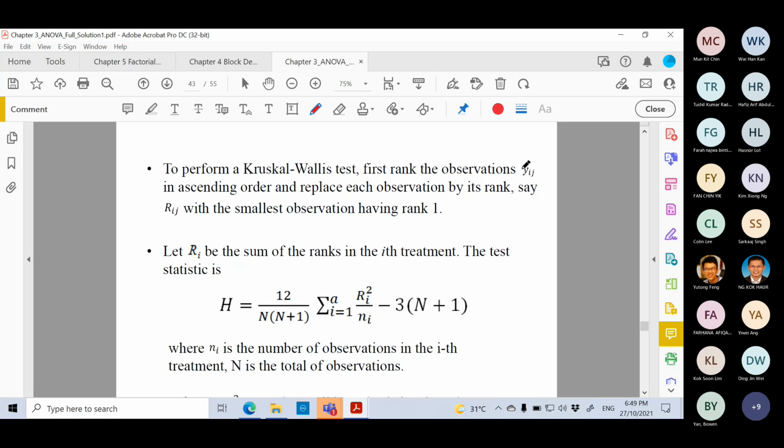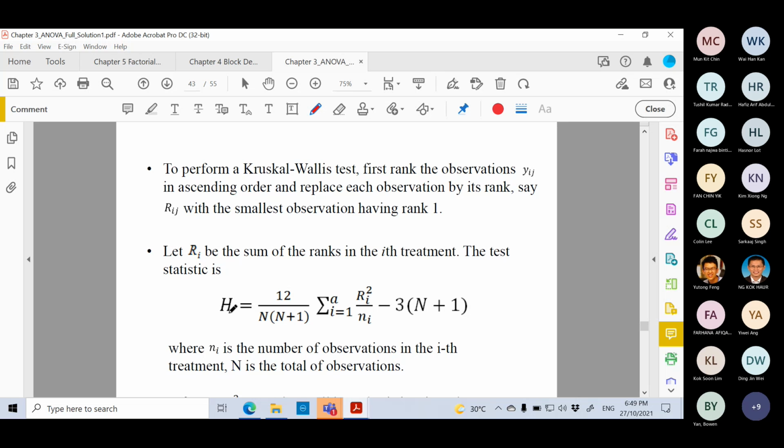So they order it from the smallest to the largest. Then based on the rank, you can calculate the statistic, and after you get the statistic, you get your probability or p-value. Then you compare the p-value with the alpha.